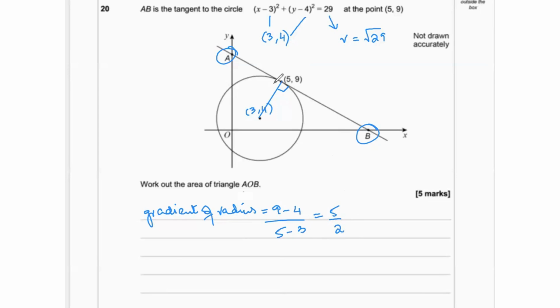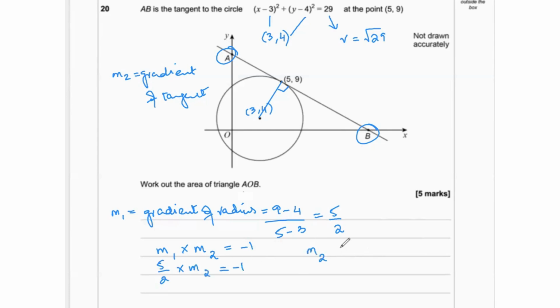So since both are perpendicular, the tangent and the radius, m1, which is the gradient of the radius, and m2, which is the gradient of the tangent, you multiply the two, we get −1. That is the condition for perpendicular lines. So 5 over 2 times m2 equals −1, which means m2 would be −2 over 5.